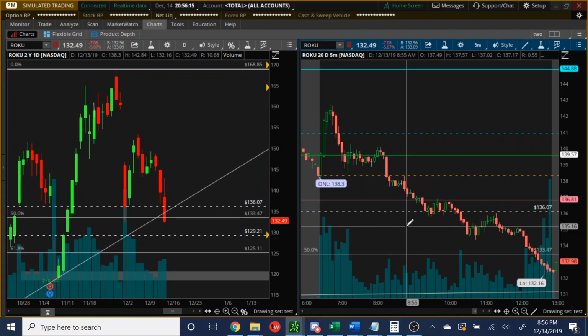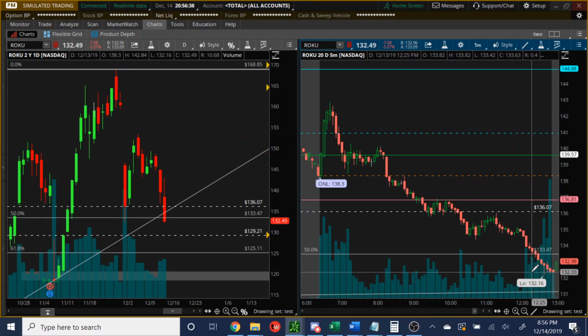Yeah, guys, that's pretty much how I play intraday breakouts. And again, just to reiterate, always look to the left. You can see the next level after the 50% retrace would be the low of this day at 132.4. You can see it made a low of the day at 132.16.